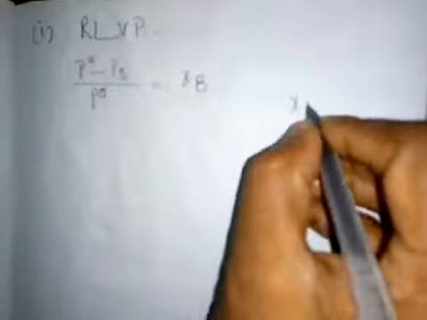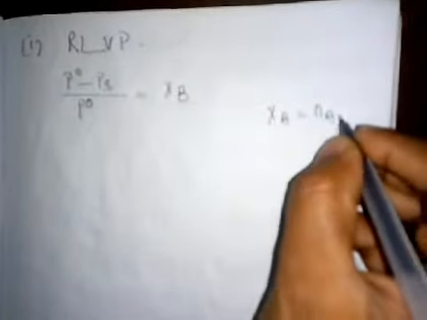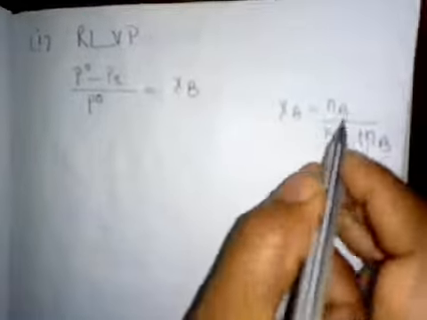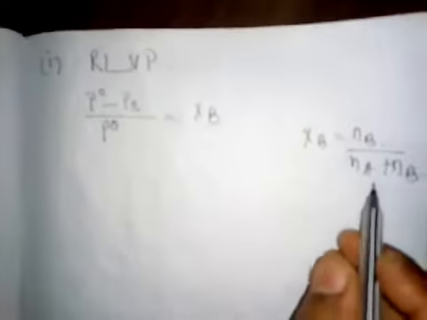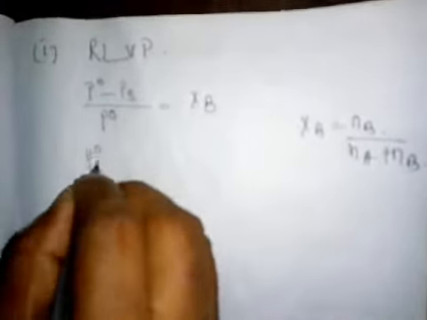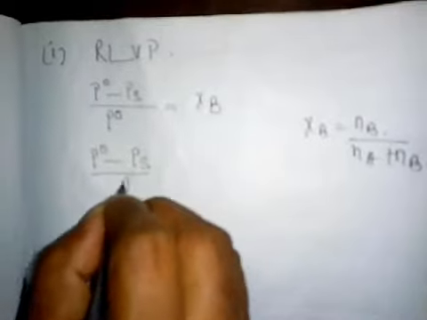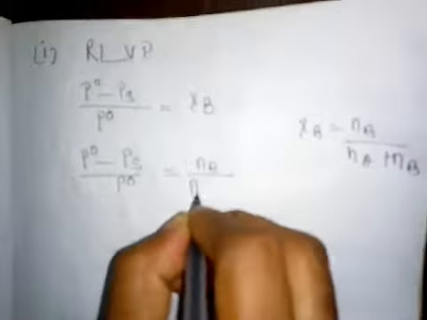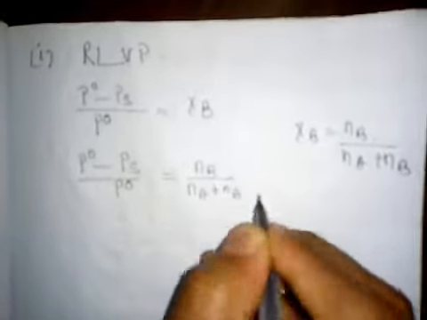Now Xb is equal to Nb by Na plus Nb, where Nb is the number of moles of solute and Na is the number of moles of solvent. Now substituting, we get P naught minus Ps by P naught is equal to Nb by Na plus Nb.